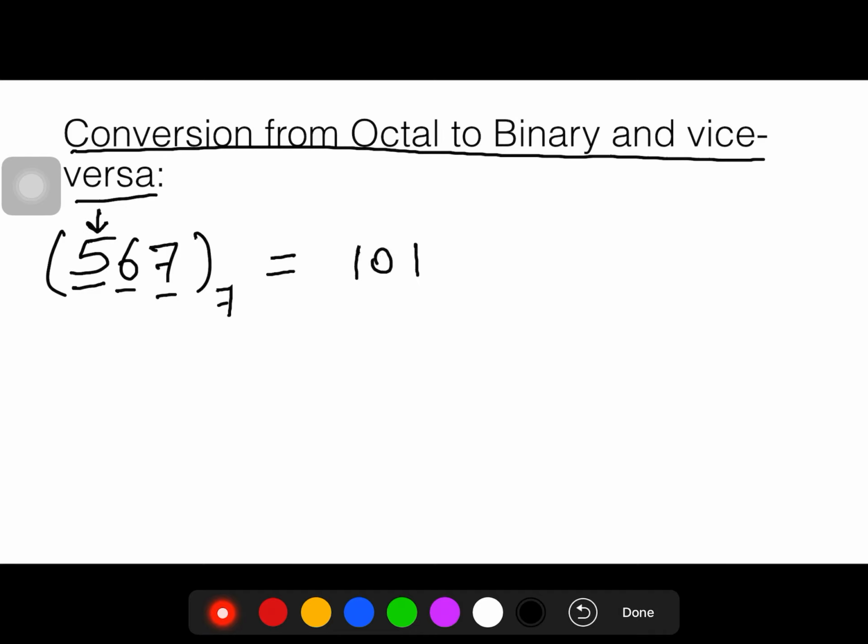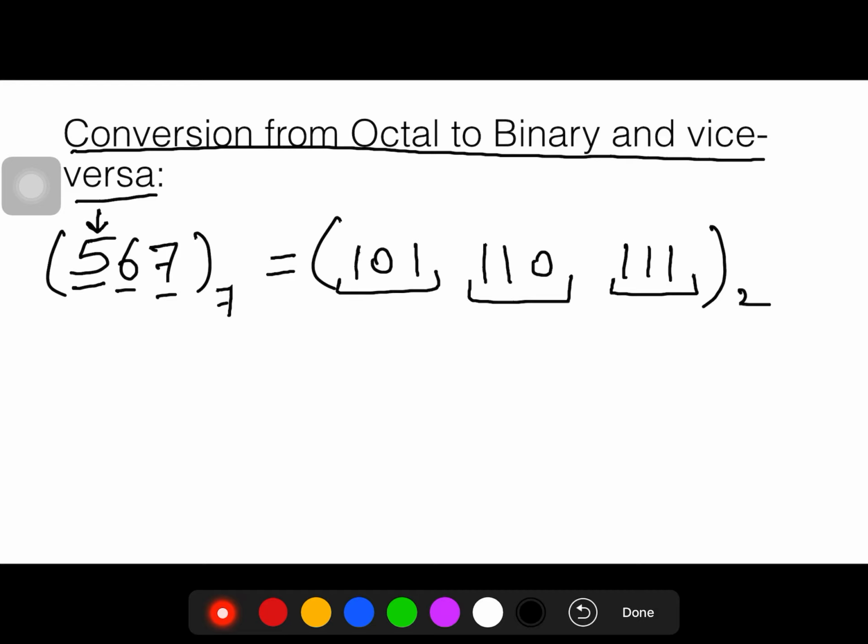We know 5 can be represented in binary by 101, 6 by 110, 7 by 111. This is the binary representation of 567. You can also convert this to decimal first, then from decimal to binary. This is the direct conversion.